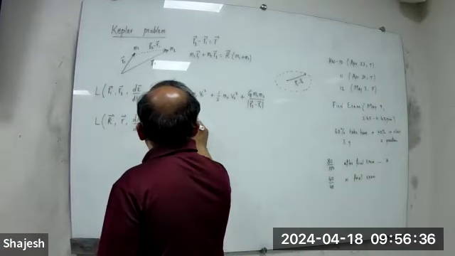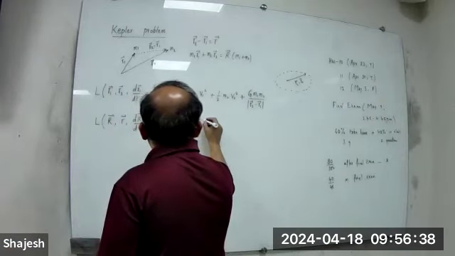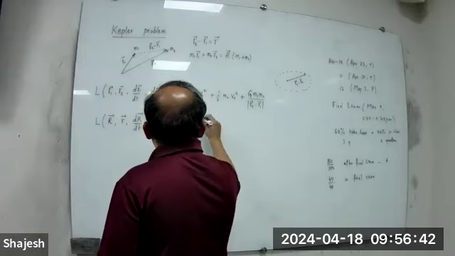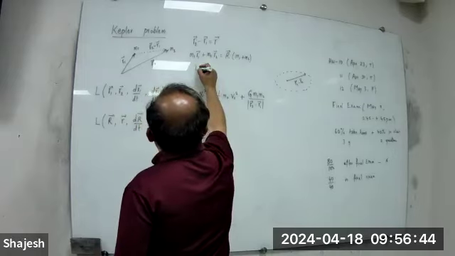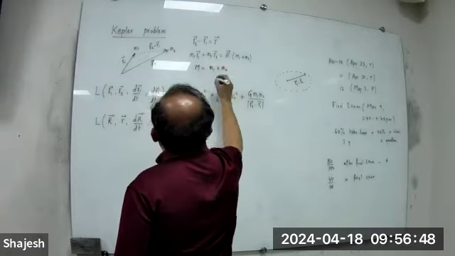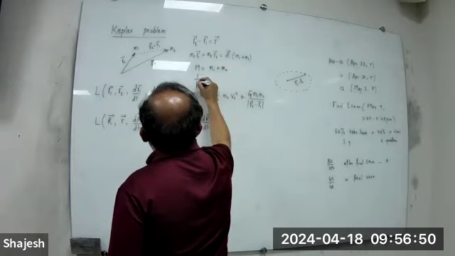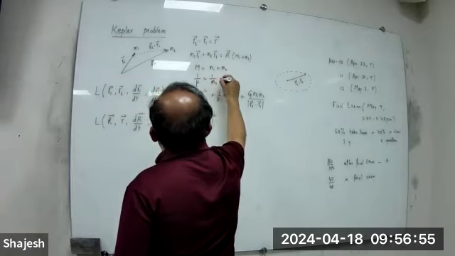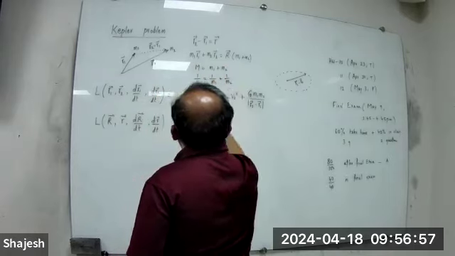And here we said this is equal to half M dR by dt squared, where M is equal to M1 plus M2. And I'm going to write a reduced mass, which is M1 M2 over M1 plus M2.